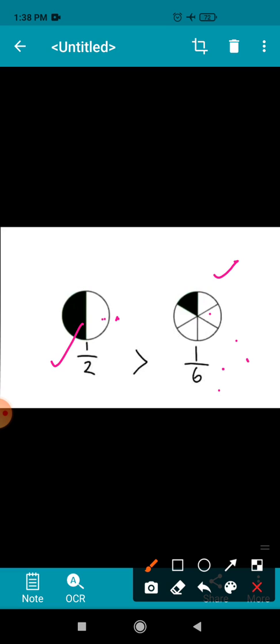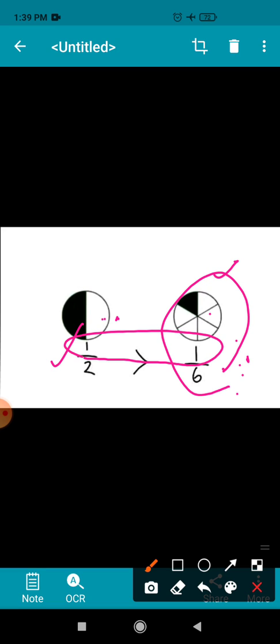If I ask which has less colored part, you will say 1 by 6 is the smaller part. So children, remember, if the numerators are the same, then you will see their denominators, and the fraction with the smaller denominator will be the bigger fraction.